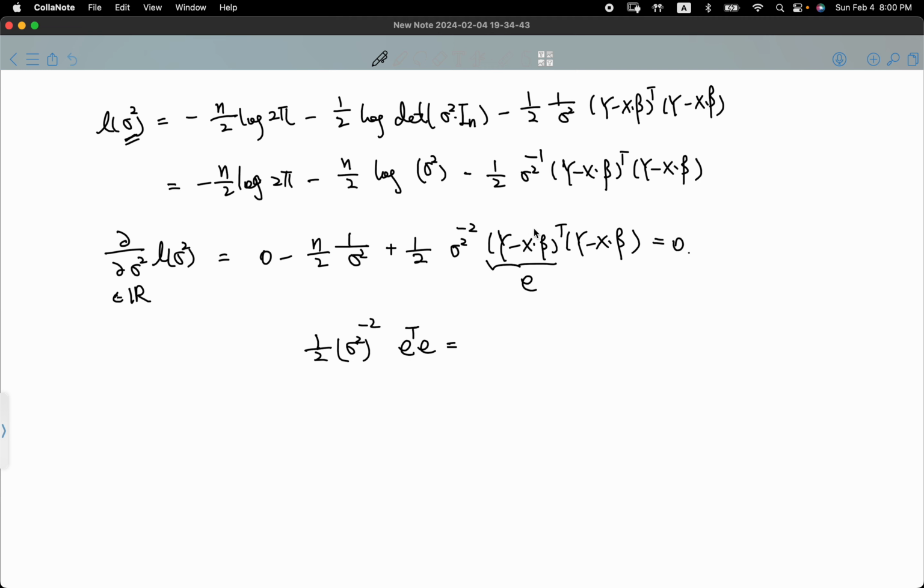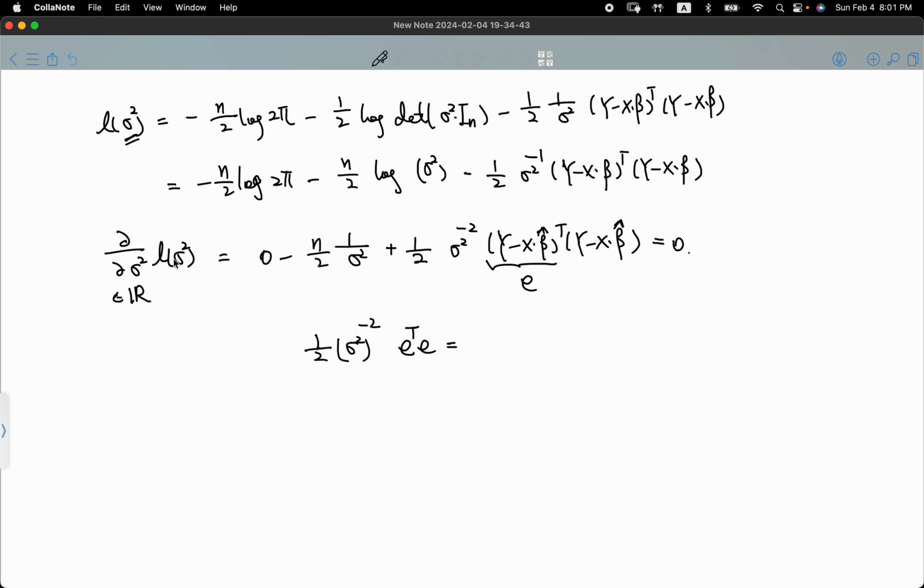You might also want to refer to this as the difference between the true and the predicted value, so you plug in the beta hat here to call this the residual. Okay, that's just a definition or a notational thing.